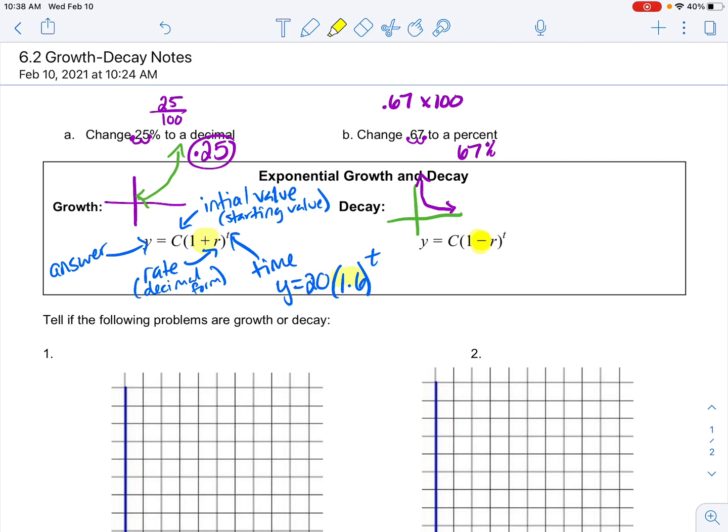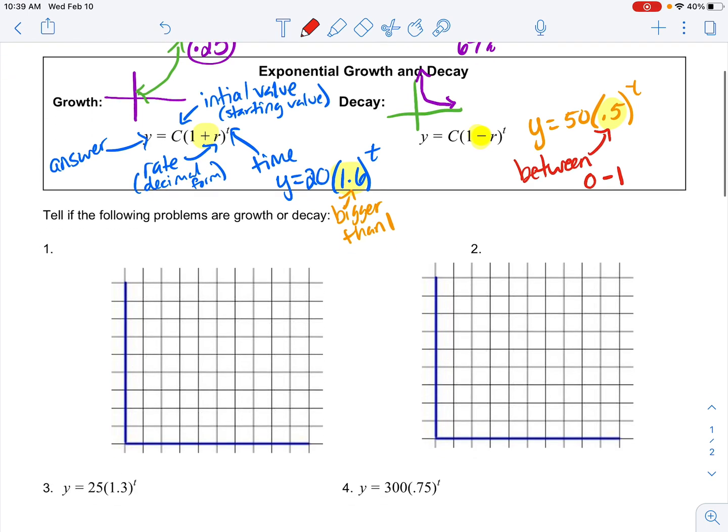So if this is growth, this number right here is bigger than 1. If it's decay, that number would be smaller than 1. It's not going to be negative. It's going to be something between 0 and 1.